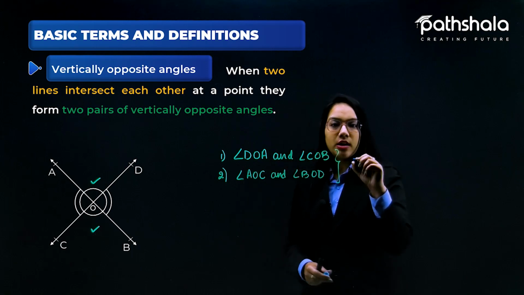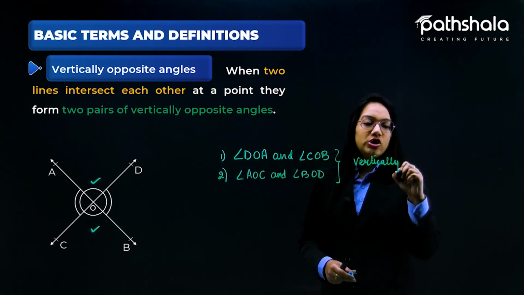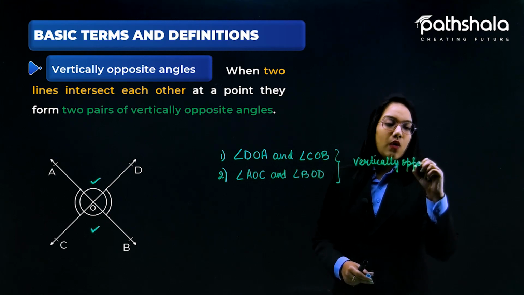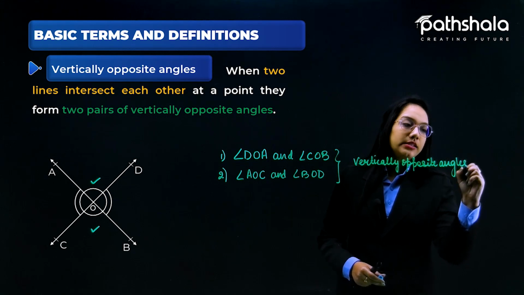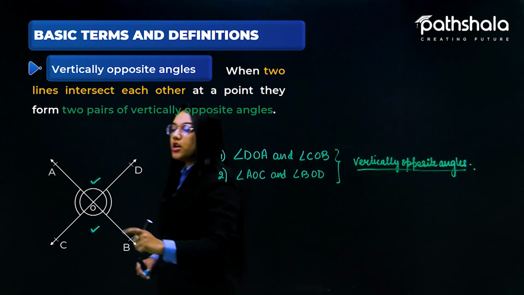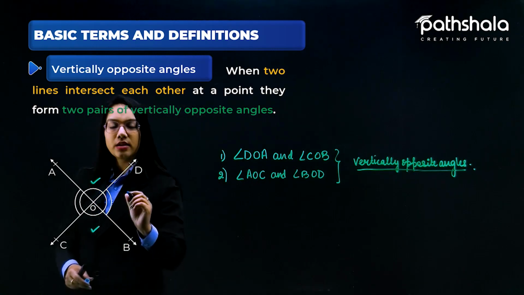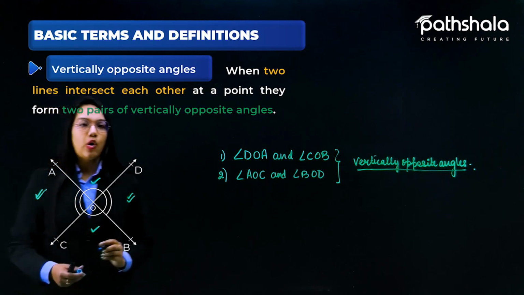These two pairs are called the vertically opposite angles. So these are the vertically opposite angles, and this is a second pair of vertically opposite angles.